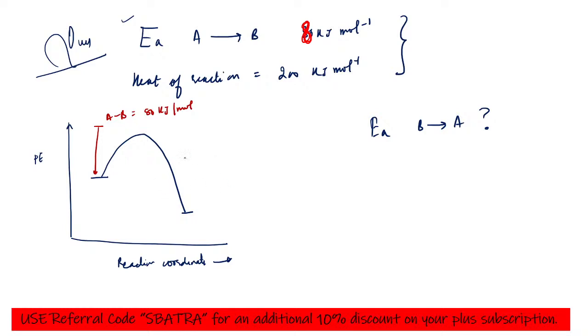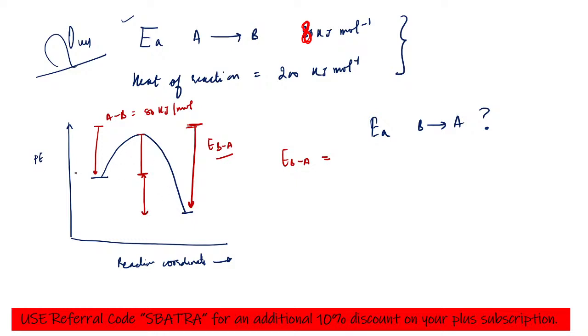What we have to find out is the activation energy for the reverse reaction. If this activation energy is from A to B, then definitely this activation energy would be from B to A, right? Now how can I calculate it? The activation energy of B to A is equal to this value plus this value.